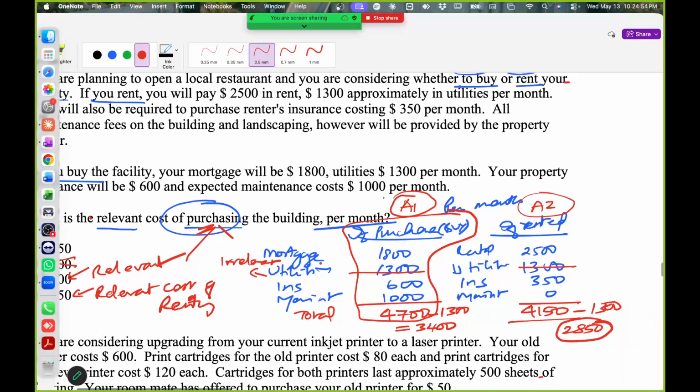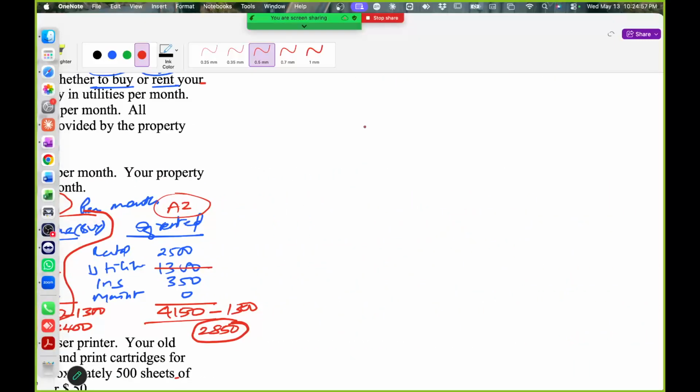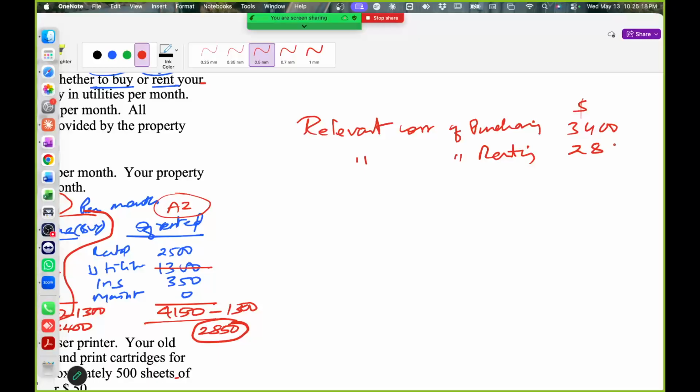Now, the relevant cost of purchasing and starting the local restaurant is $3,400. The relevant cost of renting and starting the local restaurant is 2,850. So this is alternative 1, this is alternative 2.